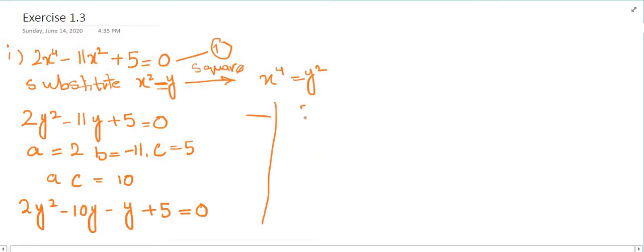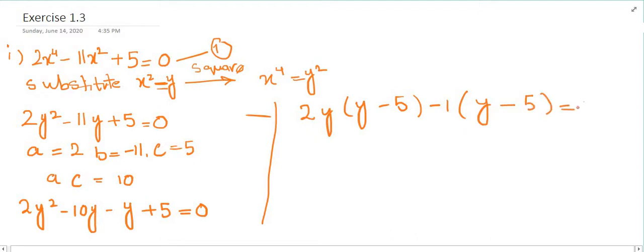This becomes 2y(y minus 5) minus 1(y minus 5) equals 0. Take (y minus 5) common: (y minus 5)(2y minus 1) equals 0.